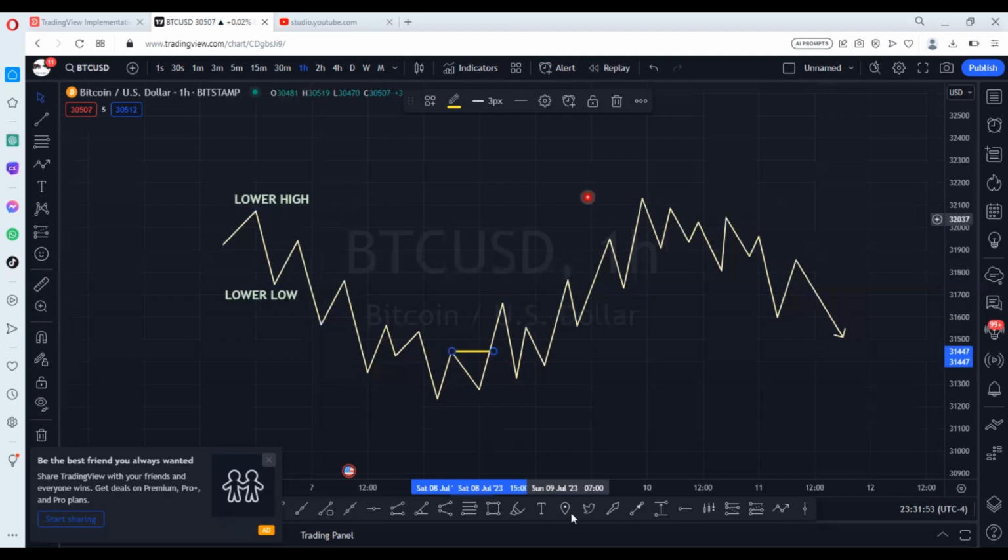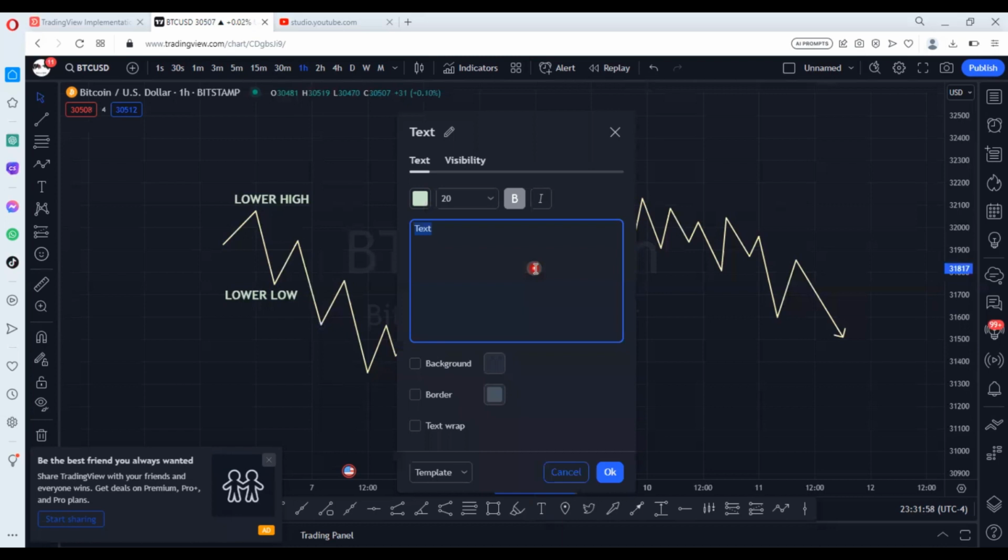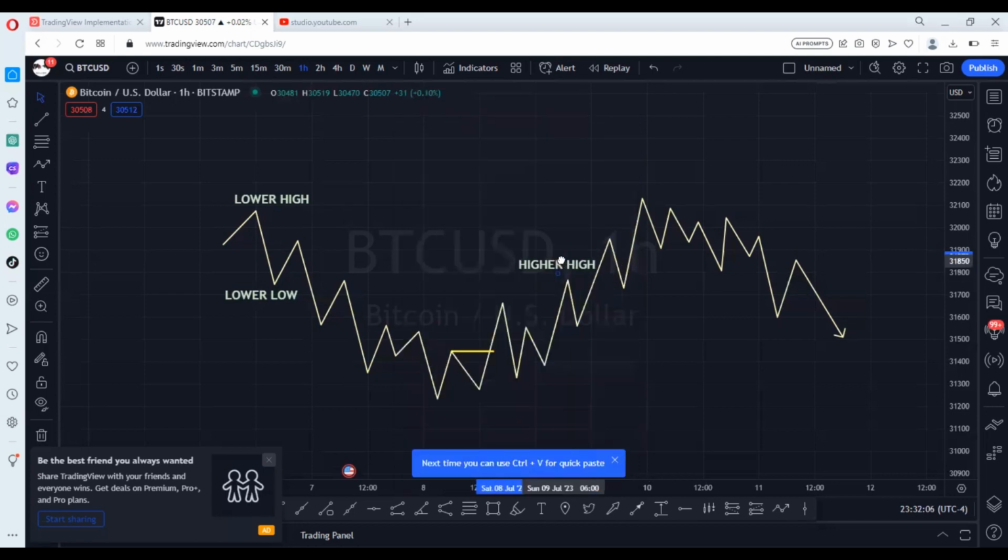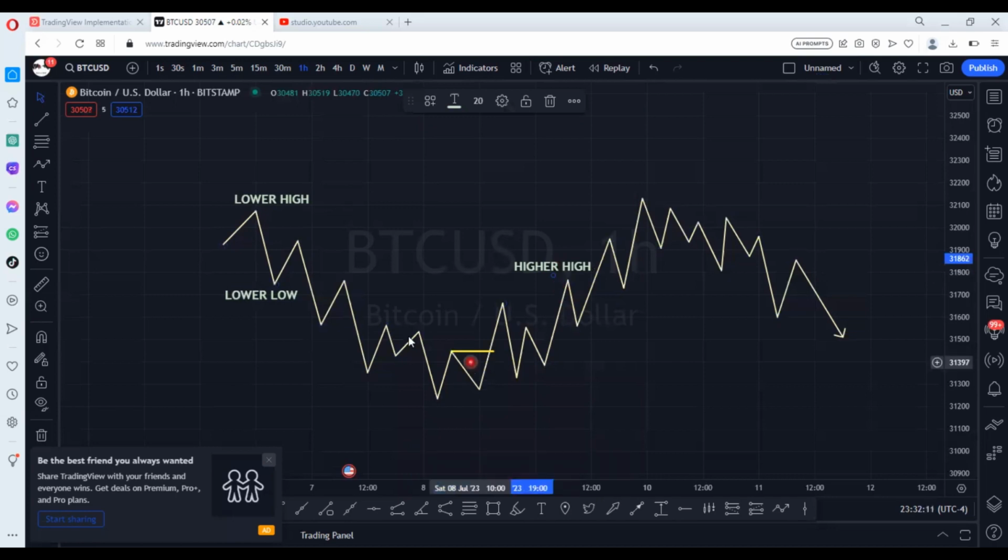So now this becomes higher high. Please listen to what I said. How do we determine that we'll get a higher high right here? First of all, we have to see a break of structure. Second, we have to see a retest to the low.